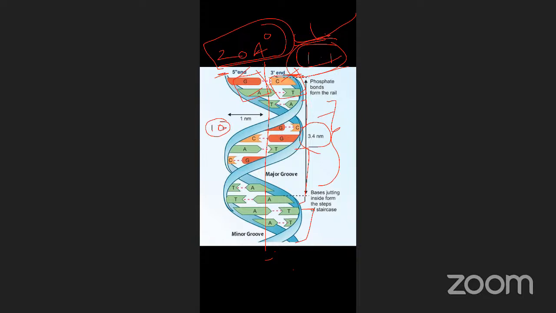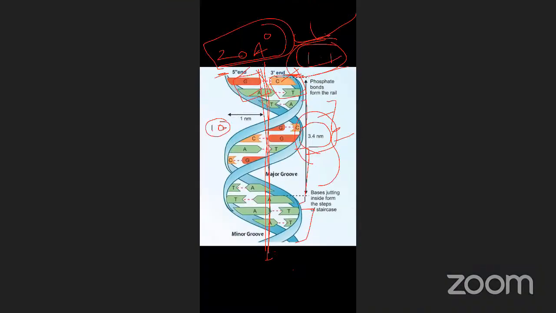The double helix is always folded at a right angle, which you are unable to see in online classes. For example, this is the axis; for this axis, the DNA strand is folded at a right angle only, right? So in this, the pitches are one minor groove and another major groove. The length of this is 3.4 nanometers.